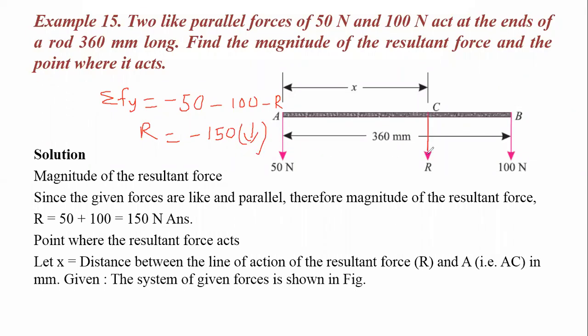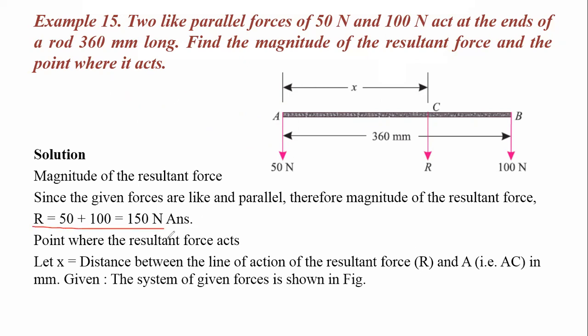That's why we are representing this resultant R in the downward direction. So this R is 150 Newton.